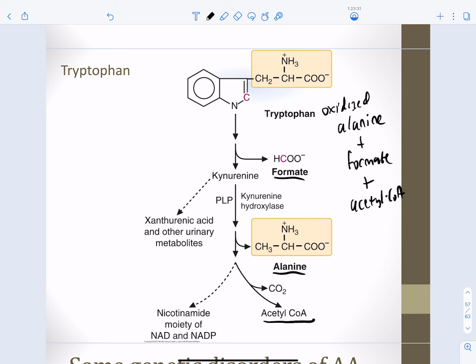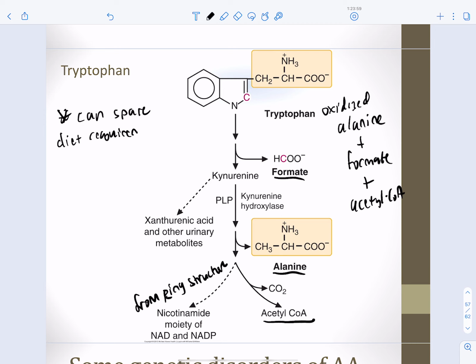Tryptophan also has a ring structure. From its ring structure, it can form NAD. What this means is tryptophan can spare your diet requirement for niacin.